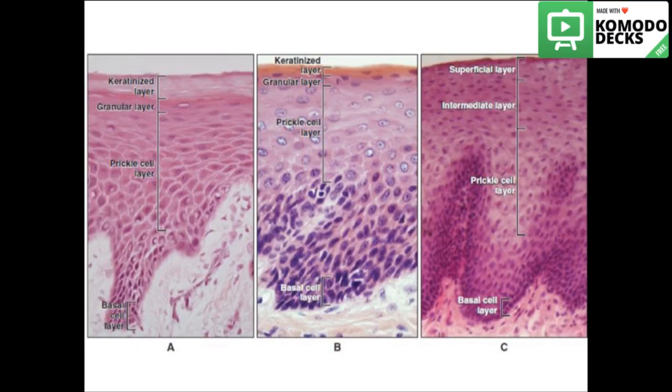On the other hand, the non-keratinized, we have subdivisions: superficial layer, intermediate layer, the prickle and the basal cell layer as the other type.